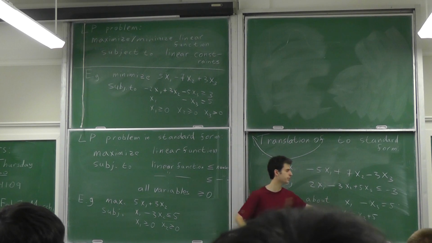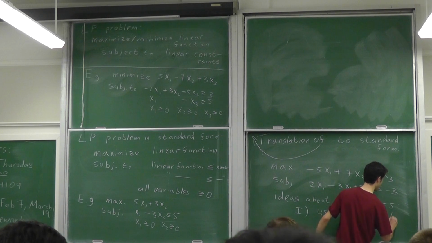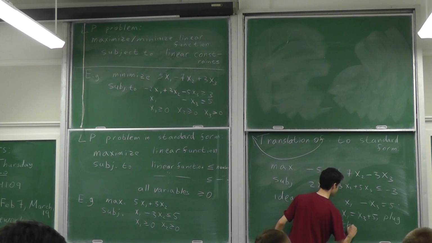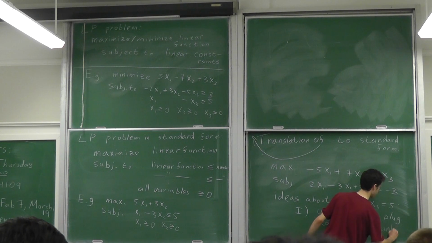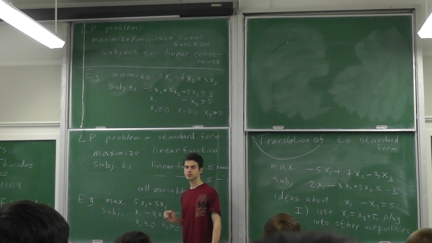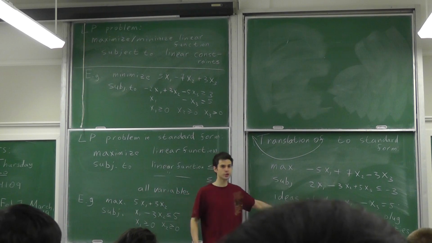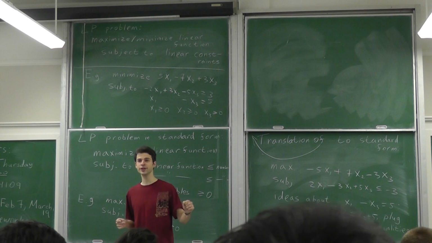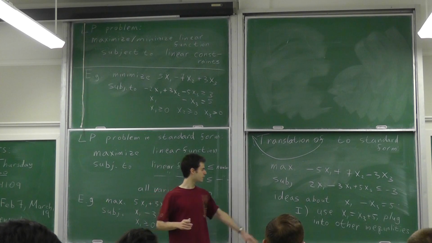I express one of the variables in terms of the others and plug into other inequalities. We'll do this in a second. It's a really good idea because it simplifies the problem. Instead of a problem with 3 variables, we'll now have a problem with 2 variables, which is good.